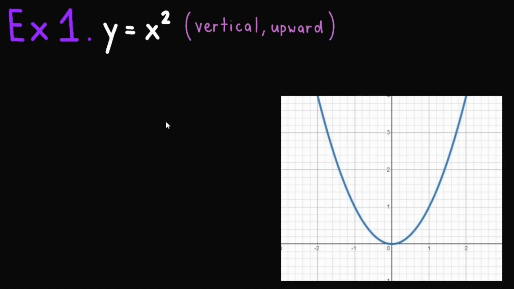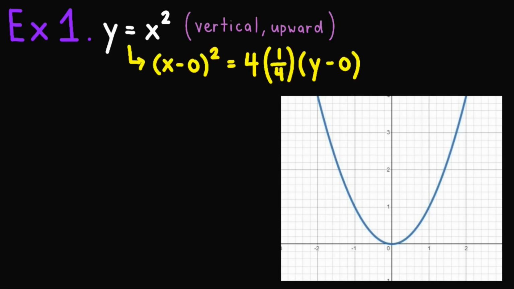First, we know that since this is already in the vertex form, to emphasize it more, we can write it in this form. So we have x minus 0 squared equals 4 times 1 over 4 times y minus 0. Now this looks more similar to the equation that we learned in parabolas. So first, clearly, the vertex is given by this too.